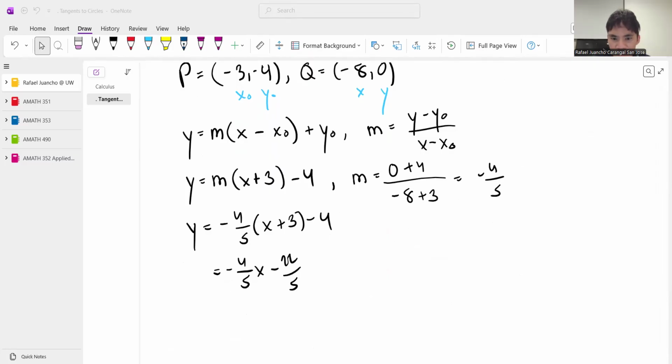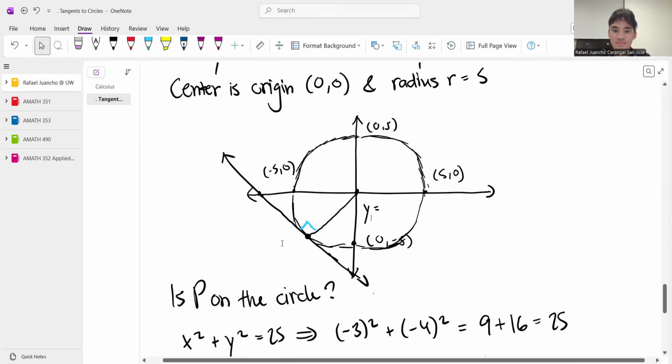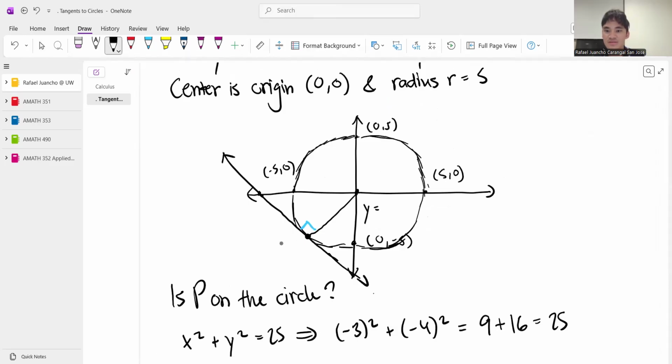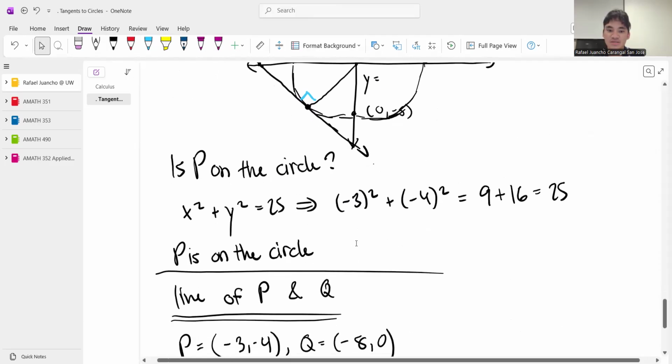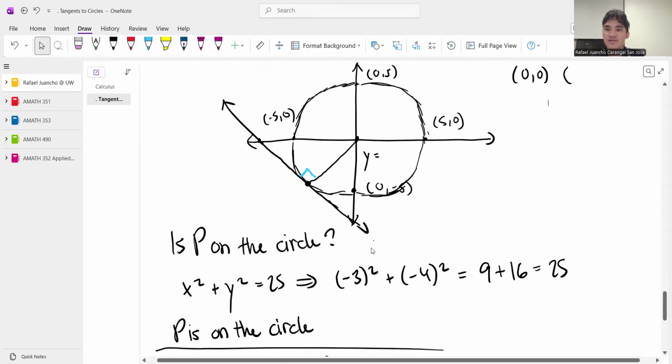Draw the line to B. Oh, from the center of the circle to B. I need to find that line from the center, 0, 0, to B, which is -3, -4.